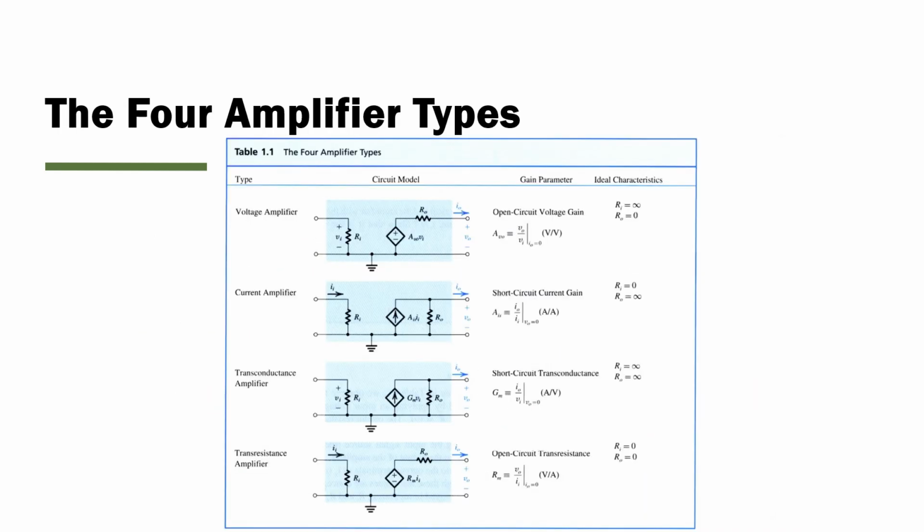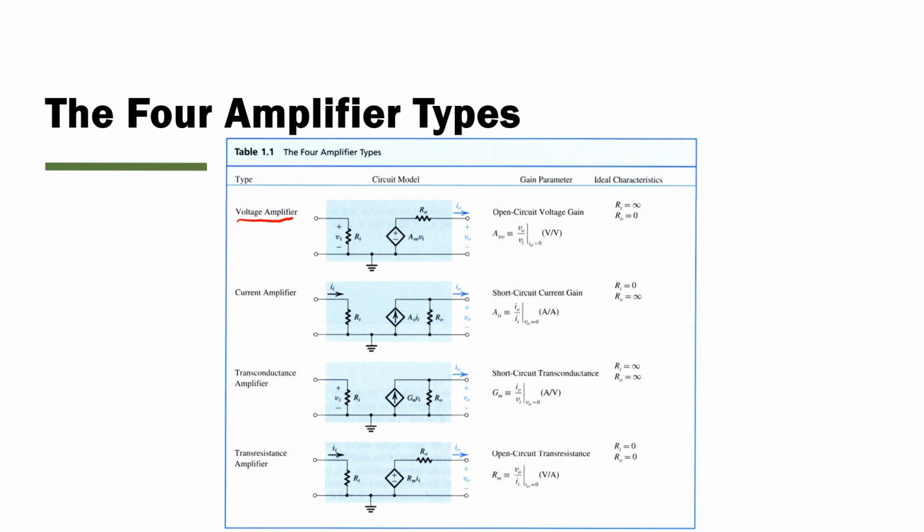This slide is outside of the scope of this lecture, but I wanted to provide it to you for future reference. Everything we've been doing so far has been based on the voltage amplifier, but there are 4 types of amplifiers you can use to represent just about any circuit.